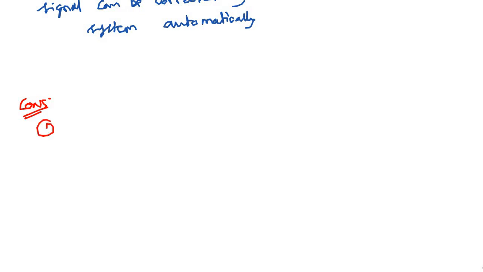Cons of the closed loop control systems. First of all, the feedback leads to oscillatory response. Output on the slight change, so you need the output with respect to time as a constant like this. So you have small oscillations in the output like this.